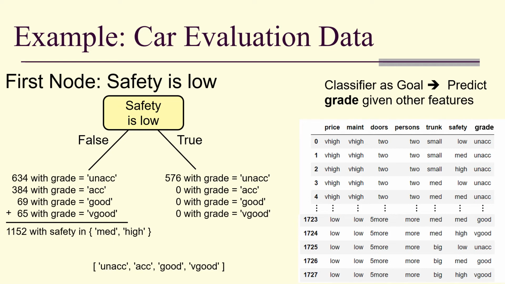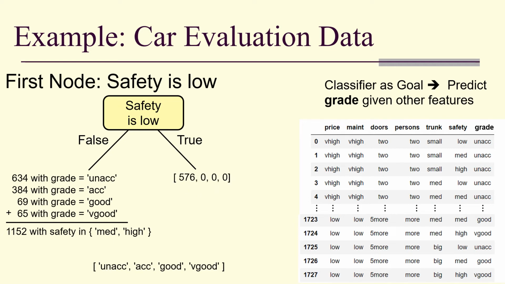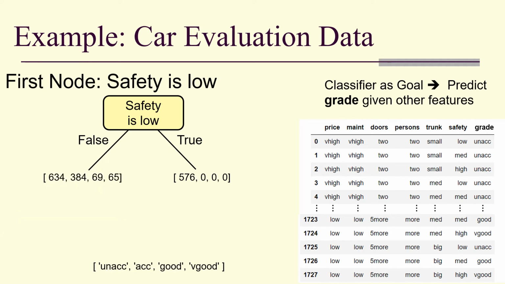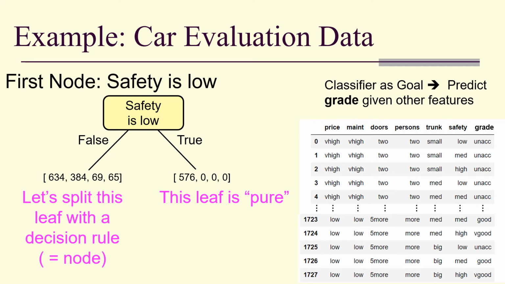So looking at this kind of distribution, we often use this bracket with these numbers indicating those numbers. And there it's not all 1. We say the true leaf is pure, and we decide, well, we probably should split this other leaf with another decision rule.